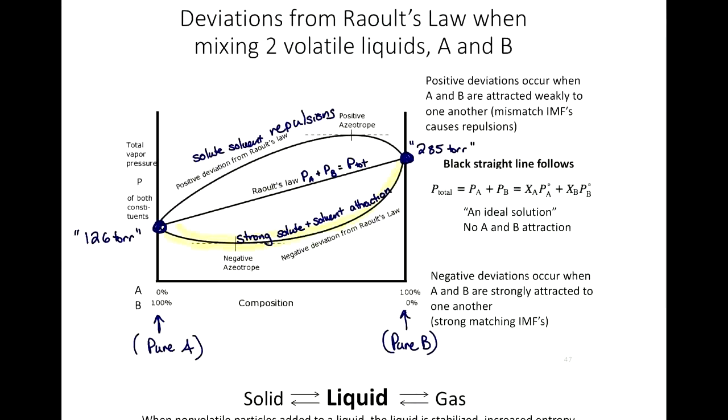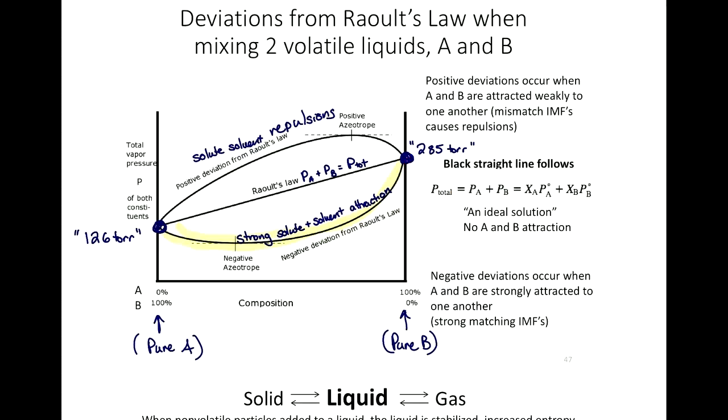If we have pure A, and I tell you A exerts a vapor pressure of 126, if we fall along this mole fraction line and it's pure A, this liquid is obviously going to exert 126 because it's pure A. If we have pure B, that liquid is going to exert 285.